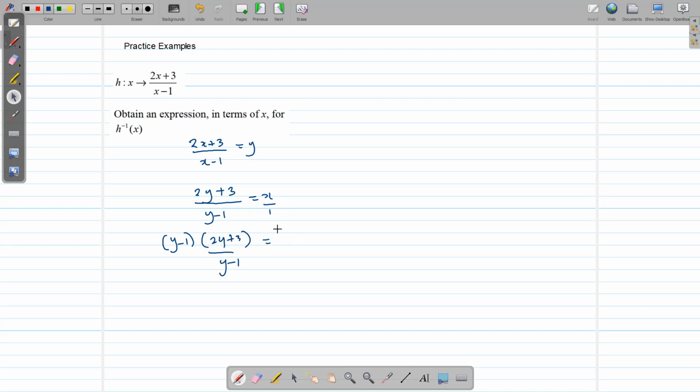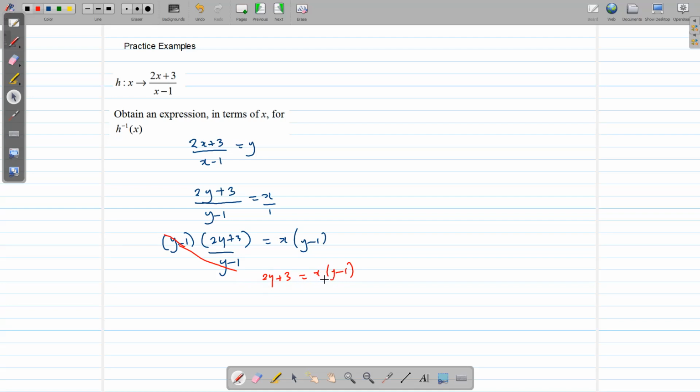You could cross multiply, it would work just the same. On this side, we get 2y plus 3, and on this side, we get x times y minus 1.